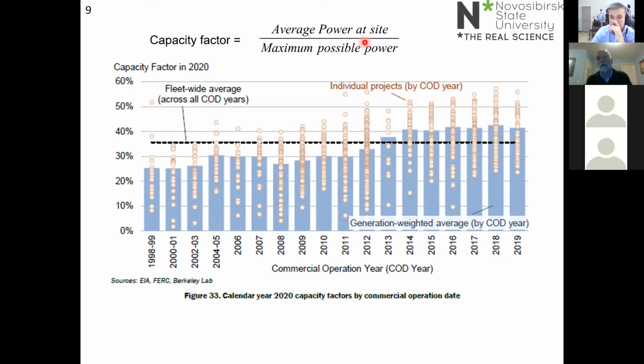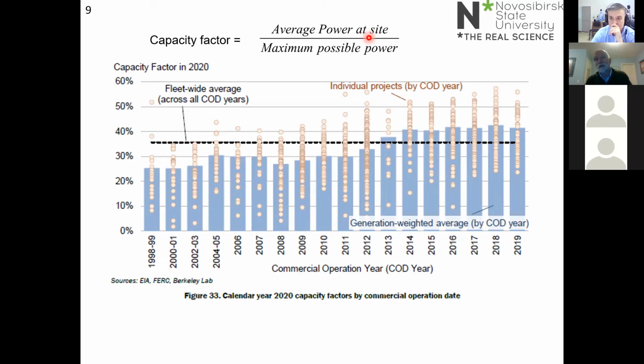So in deciding whether to go ahead with a wind farm project or a solar photovoltaic project, one of the most important things you need to do is estimate what the capacity factor for that site is going to be for the period of your project. Typically 20 years for a wind farm lifetime or 20 years for a solar farm lifetime.